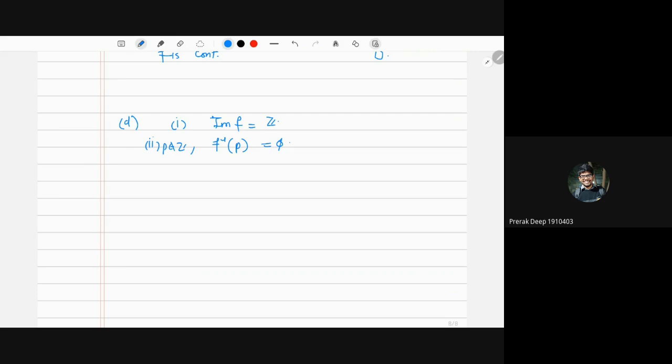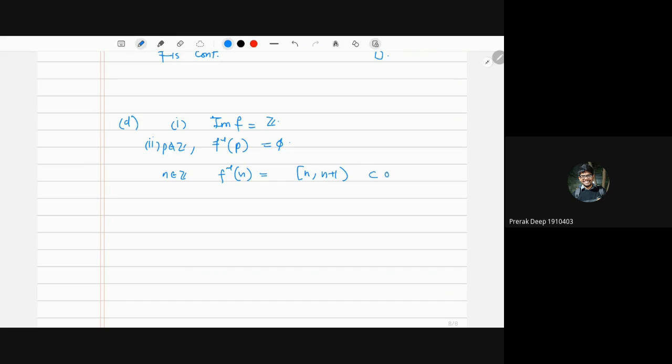And the pre-image of any integer n will be the interval from n to n plus 1, which is open.